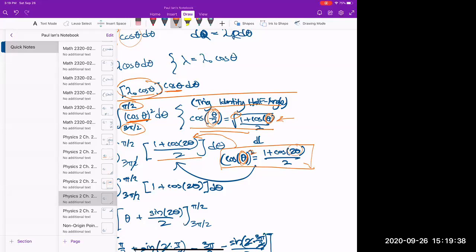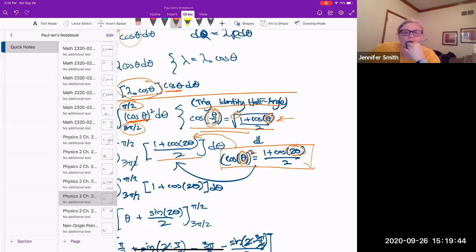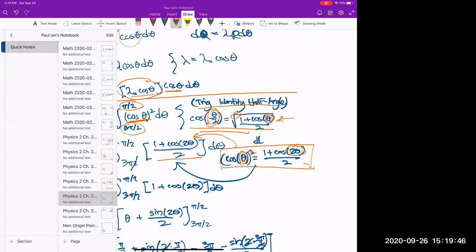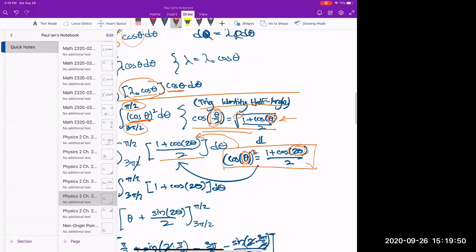You could do that with all the trig identities. If one doesn't seem to apply, but you change the inside terms, then definitely that can work.